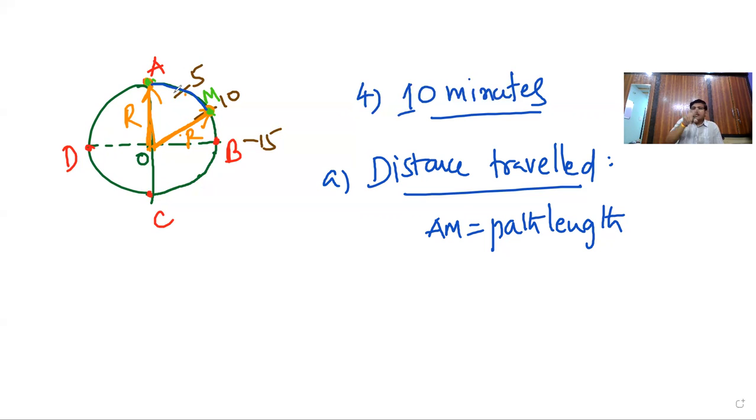In the 60 minutes, what is the total path length covered by the minute hand? 2 pi r. In the entire 60 minutes, one complete rotation, the path length covered by the minute hand is 2 pi r.